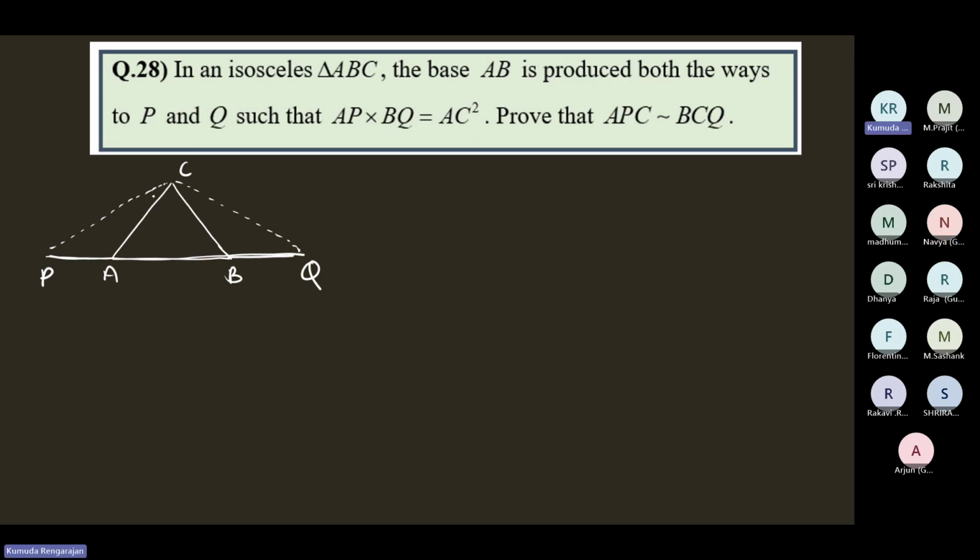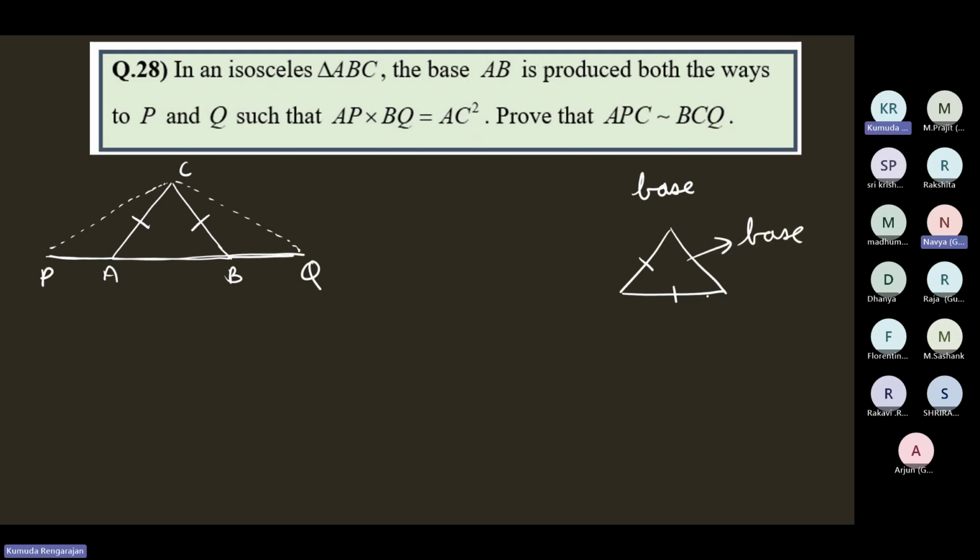Okay. So this is an isosceles triangle. It's given it's an isosceles triangle. In an isosceles triangle, you know, the term base is not used for any of the equal sides. Base meaning it is not any of the equal sides. If these two sides are equal, then this one is the base.